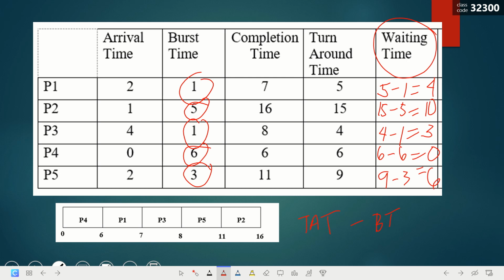So, after computing the waiting time, it is time for us to compute the response time. To compute the response time, we need to get the value according to our Gantt chart.